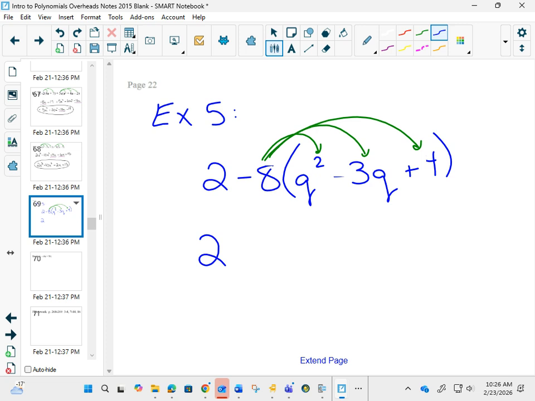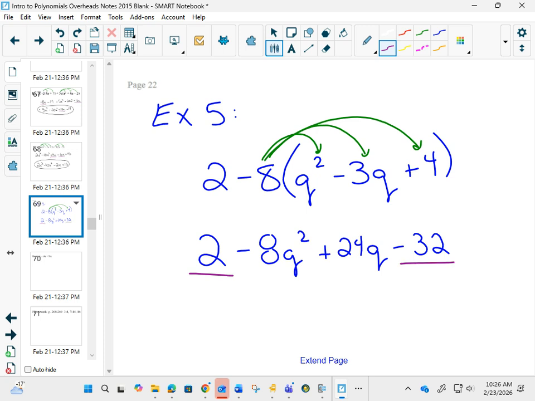So now this times this is going to be minus 8q squared. Negative times negative, plus 24q, and negative 8 times 4, negative 32. Now do we have any like terms? Yes. I've got this purple here and this purple here.